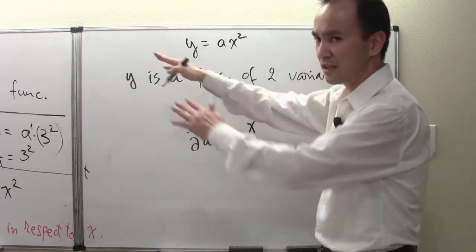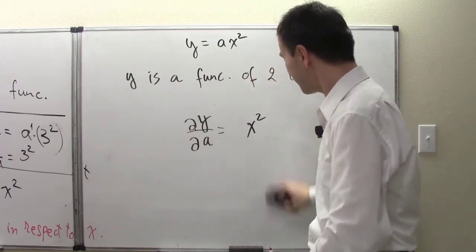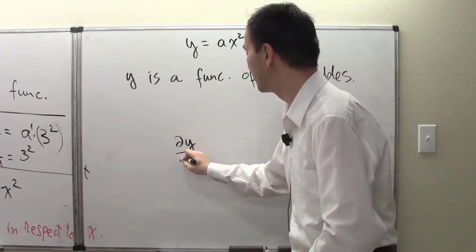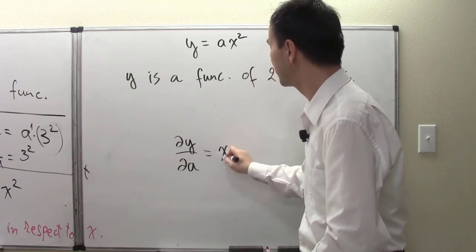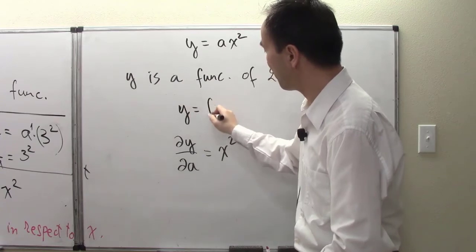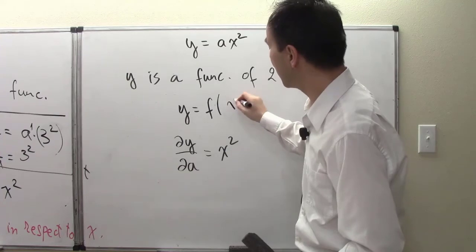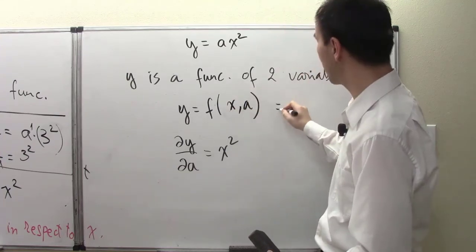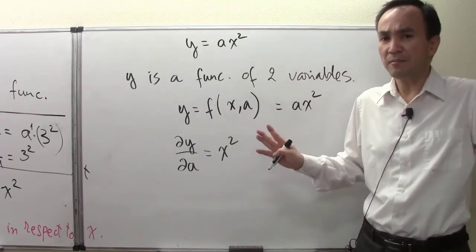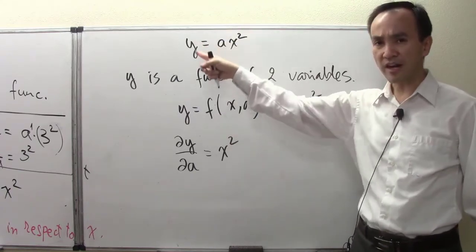I wrote earlier on the other board that this function you can also see as y equal to a function of two variables, a comma x, and I mean x comma a, equals a times x squared. Everything you've learned in math up to this point, let's bring it in. But this is one way of writing a function.